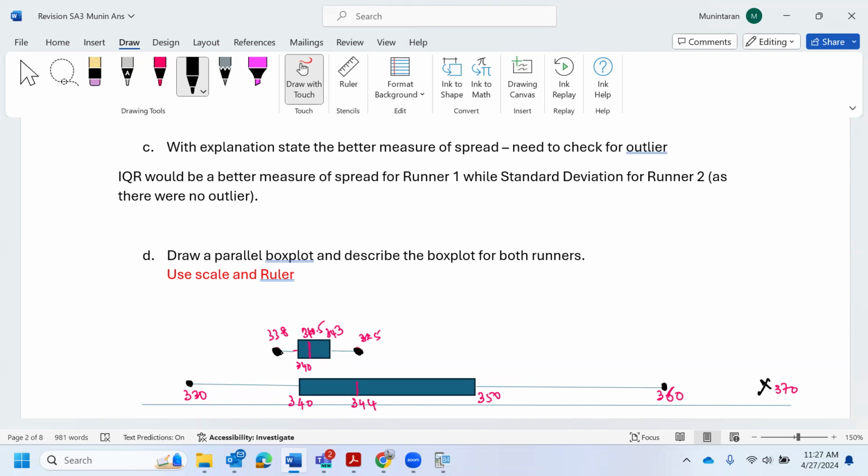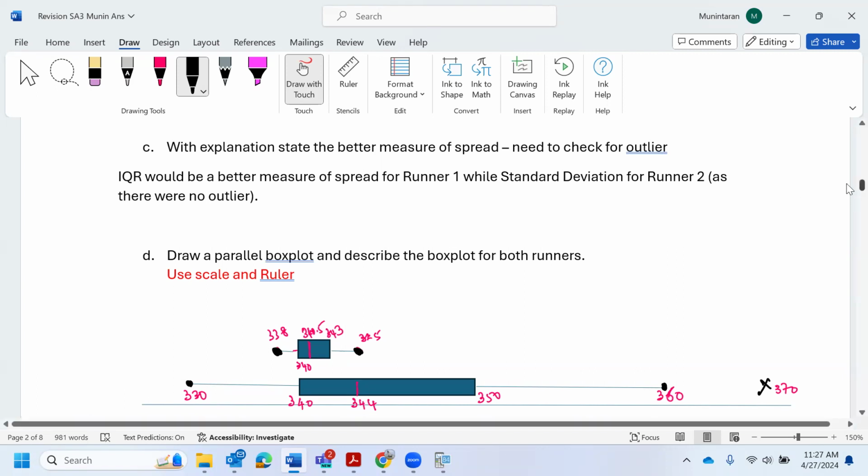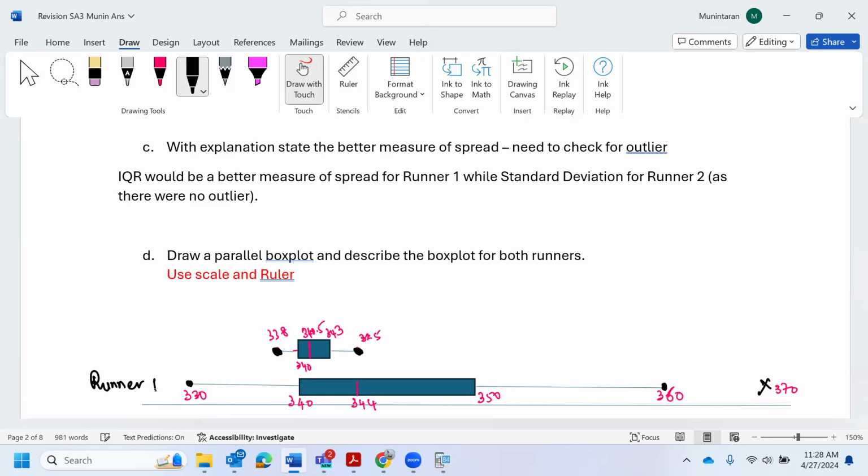Now, they always asked you to describe. So in this case, the description, I think it's pretty obvious kind of box plot. The first, this, okay, what is missing? I did not label. This is my runner 1. And this is my runner 2. Right? So it's pretty obvious that the runner 1 is too much of variation, right?